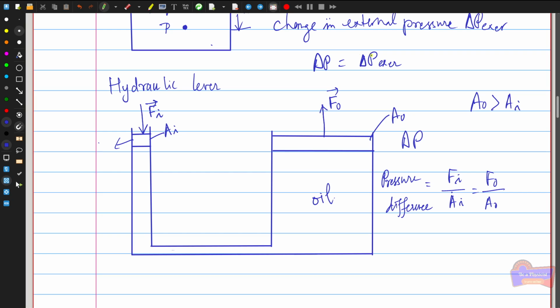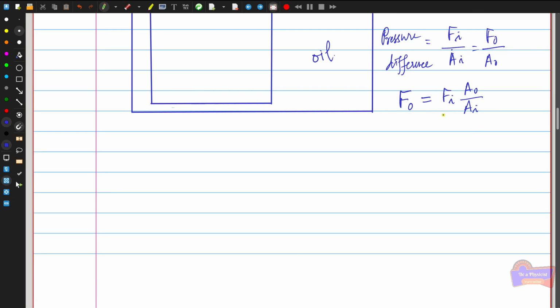From this equation, I can derive the output force F_o, which is equal to F_i times A_o divided by A_i. This equation shows that the output force F_o on the load must be greater than the input force if A_o is greater than A_i in this case.